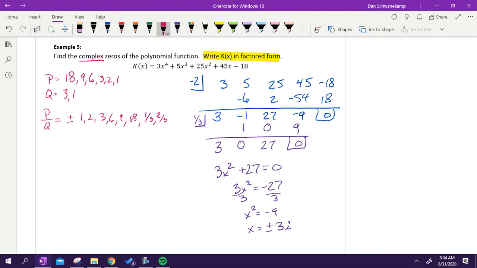Write k of x in factored form. Okay. So if I'm writing this in factored form, I'm going to write them as factors: x minus 2, or rather x plus 2, that's what I said. X plus 2. What else do I need? So you can put x minus 1/3, but be very careful if you do that.